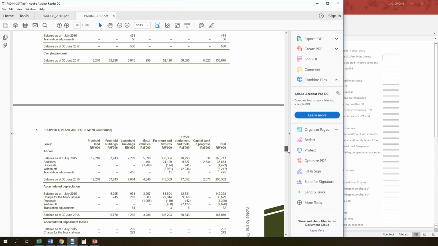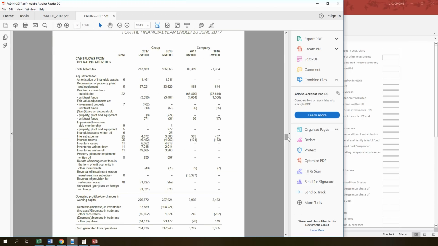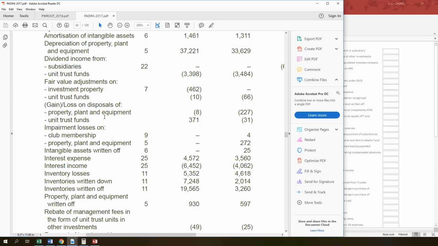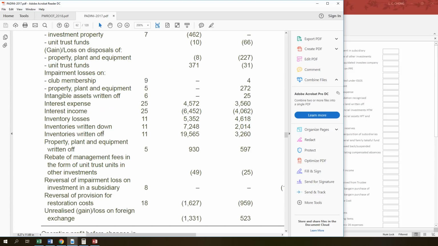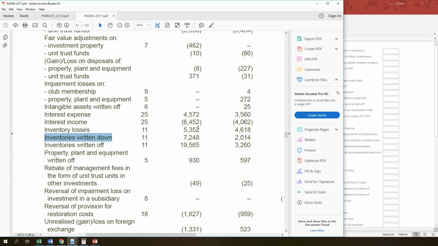Oh, cash flow. Inventories written down 7.2 million. Yeah, because this is a non-cash item, it should be adjusted in cash flow statement.